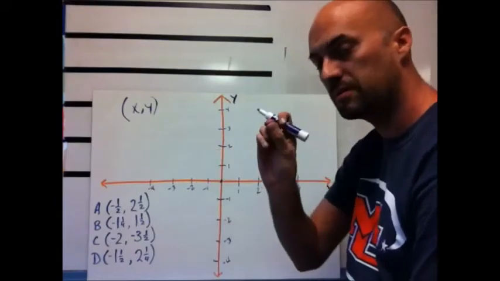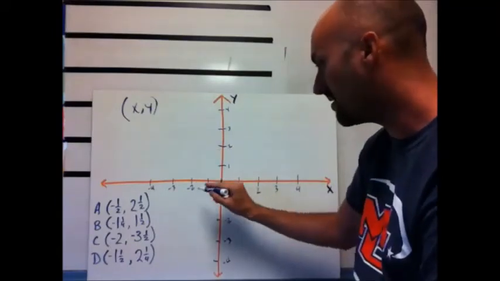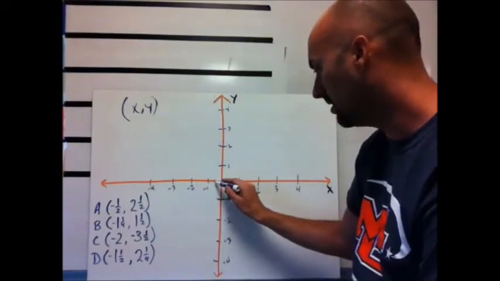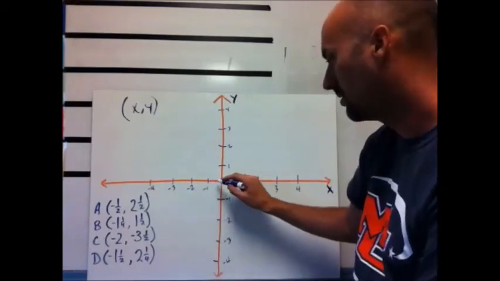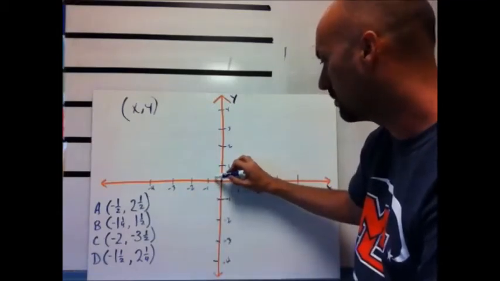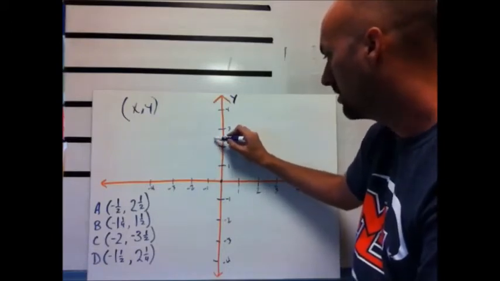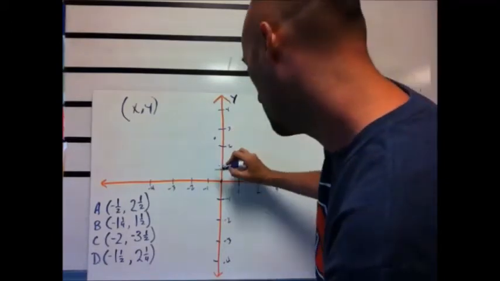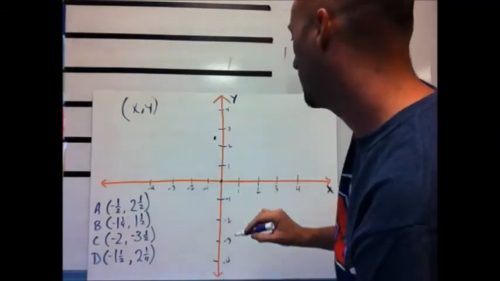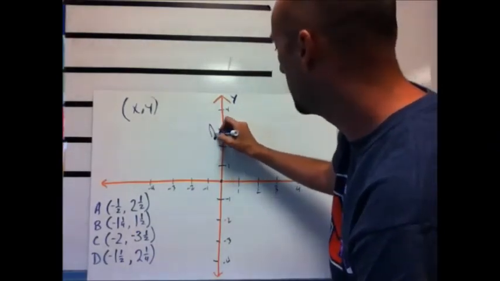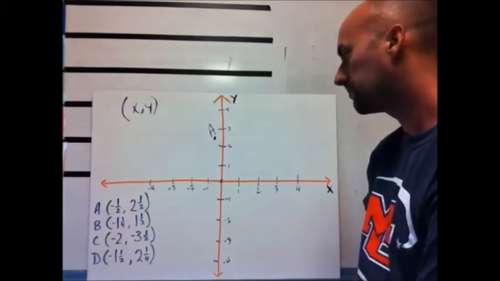But that's not where my point is. That's just where I start from. Now I need to go from here to 2.5. Well, that's positive, so I'm going up to 2.5, right there, and where those two meet, right there, I can label that as point A.